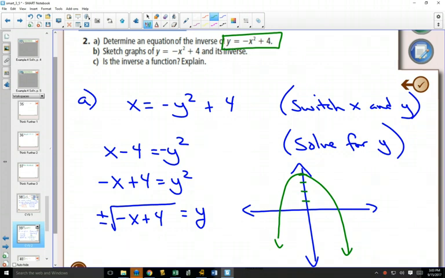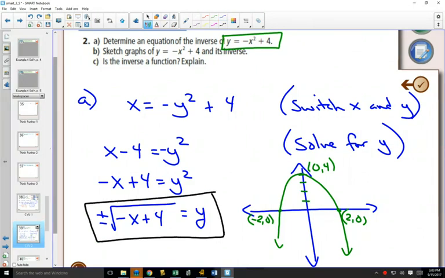If I would label some points on this graph, I know the vertex is at 0, 4. We've got 2, 0, negative 2, 0. We could label some other points as well if we wanted. I'm going to graph the inverse in black. Now you can either decide to use the equation or to use the graph.